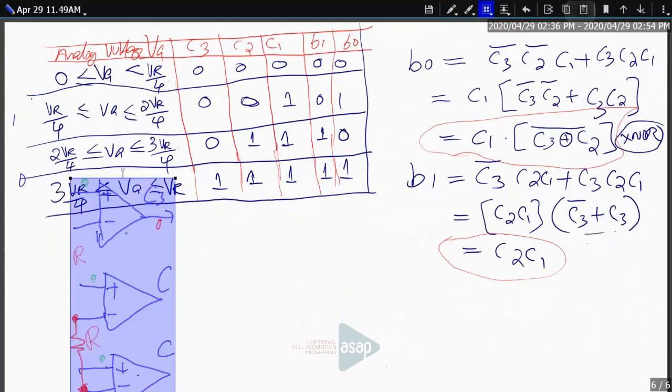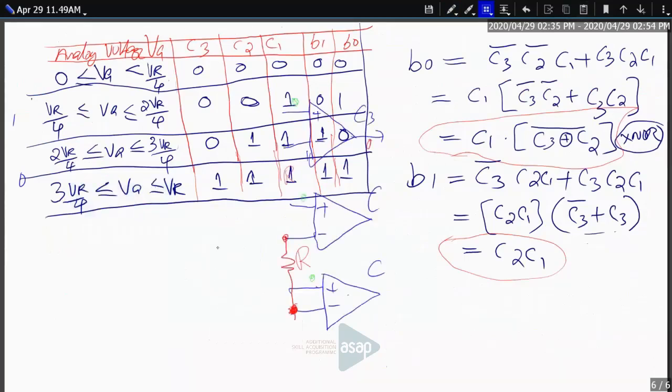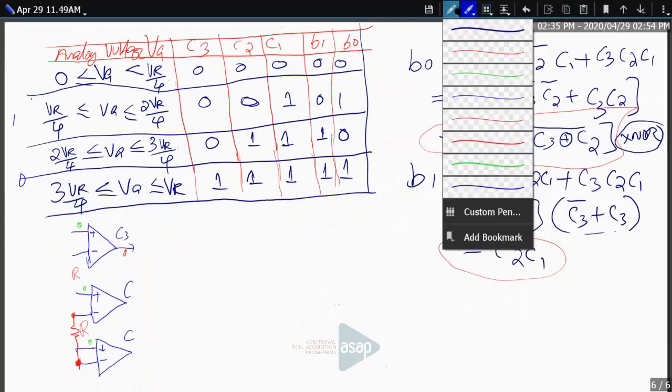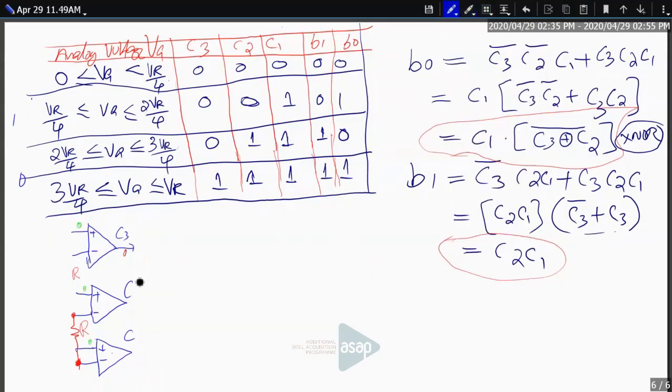Now look into B1. B1 is high for 2 combinations. One is 011, that means C3 bar, C2, C1, or 111, that means C3, C2, C1. This could be simplified: we could take C2, C1 common outside.